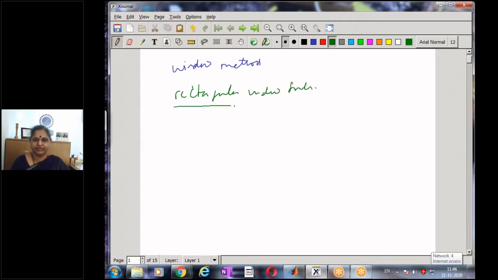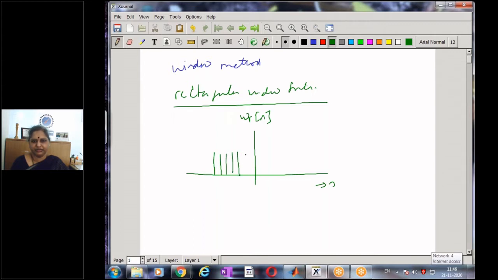When we use a rectangular window function to truncate the infinitely long impulse response to a finite duration, we were multiplying it by a window function, the rectangular window function, that had a constant strength of 1 for minus m to plus m.